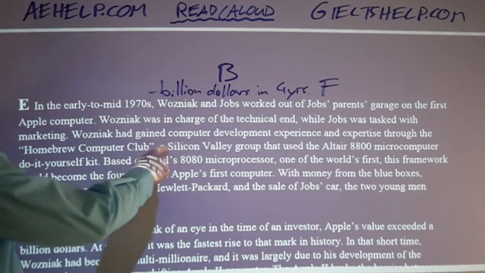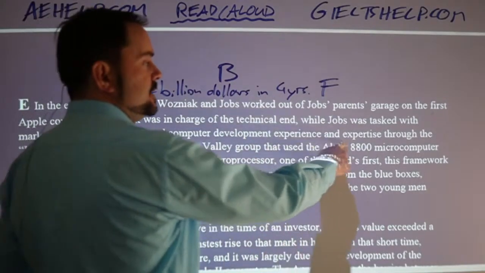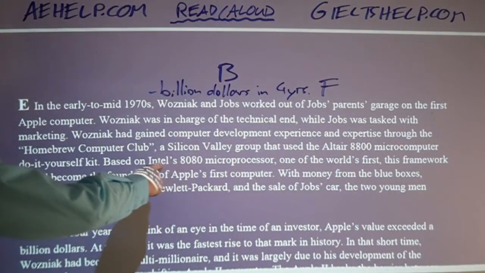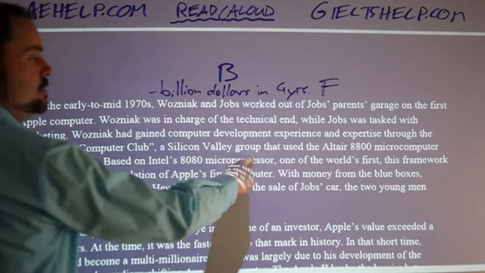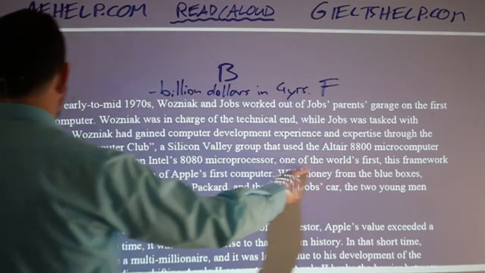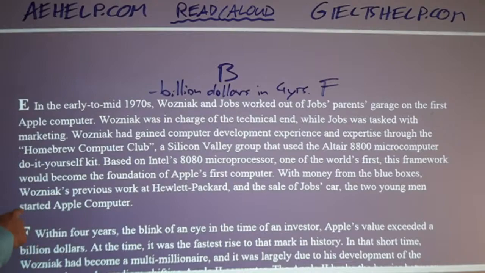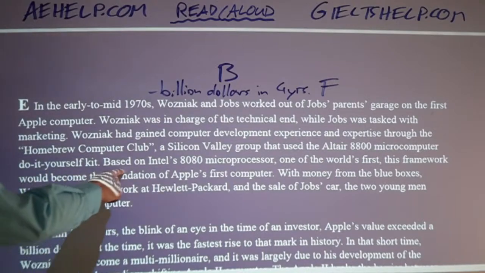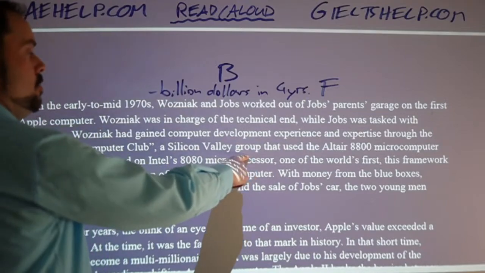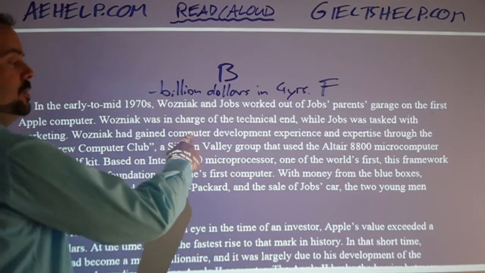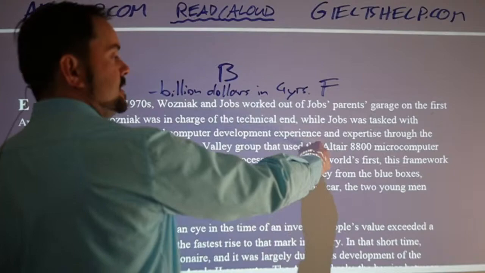Wozniak had gained computer development experience and expertise through the Homebrew Computer Club that used the Altair 8800 micro computer do-it-yourself kit based on Intel's 8080. Okay, so gained computer development experience and expertise.